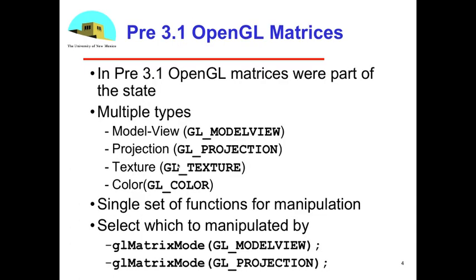So in older versions of OpenGL, before you were required to have shaders and a lot of functionality was deprecated, matrices were supported, and they were the ones we've talked about a little bit so far: the model view matrix to position objects and manipulate objects and place the camera in the right position, and the idea of projection, which will be done through matrices that we'll discuss.